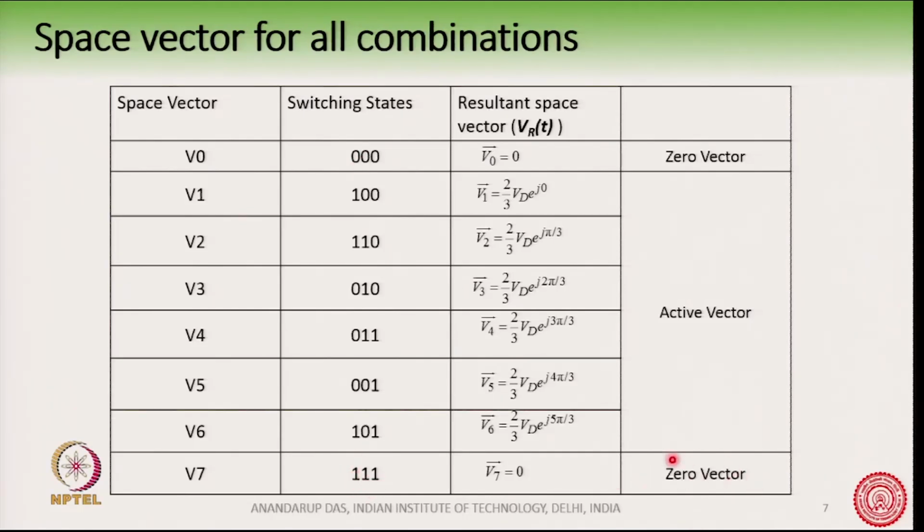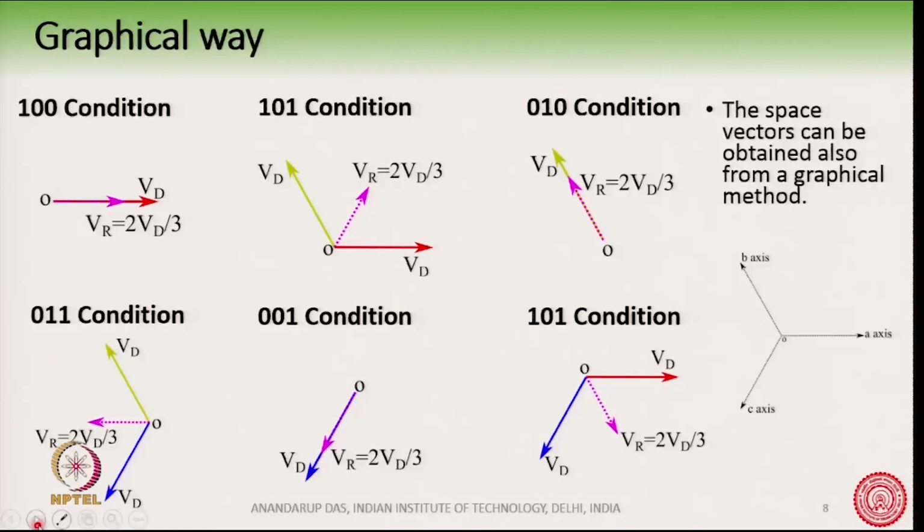Whereas for the other combinations you have all the 6 active vectors which are termed V1, V2, V3, V4, V5 and V6. All these active vectors have the same magnitude of 2/3 Vd, but the angle is changing. So, we can now plot it in the space vector plane.